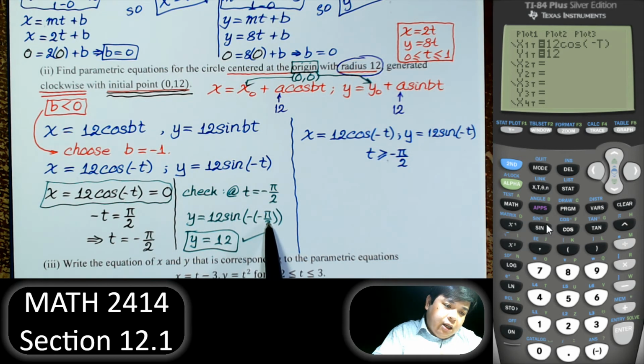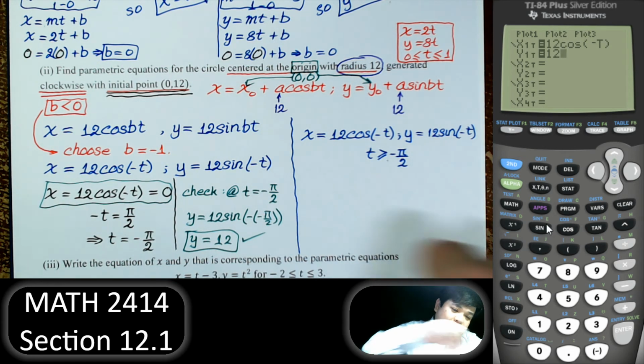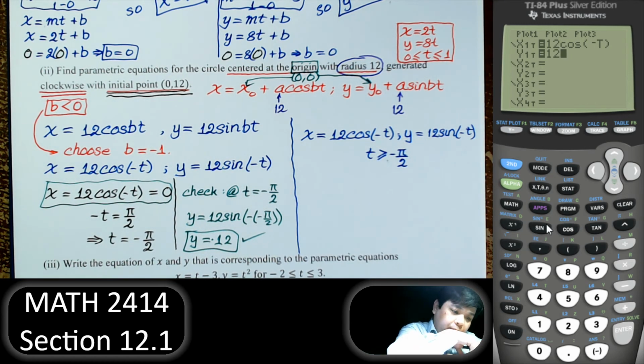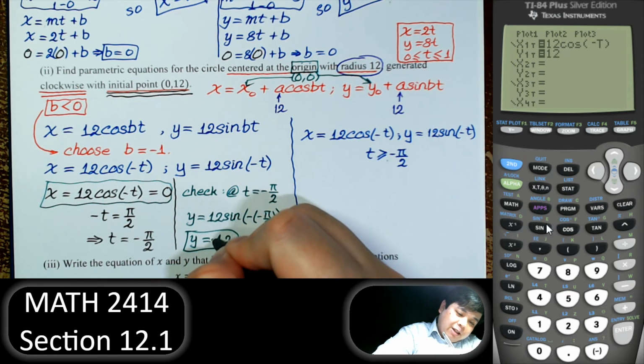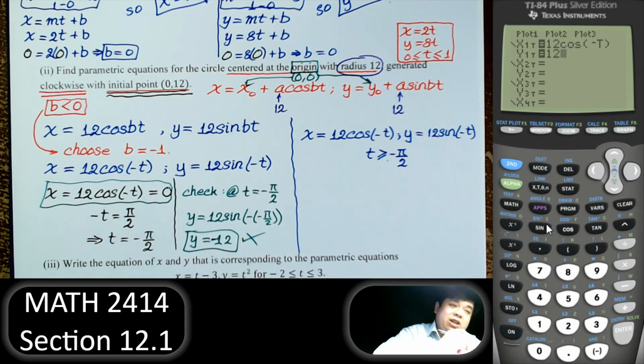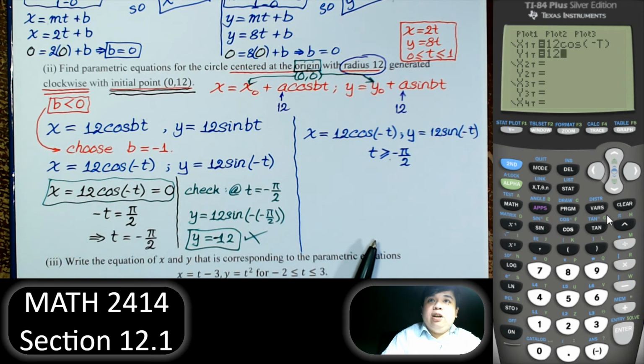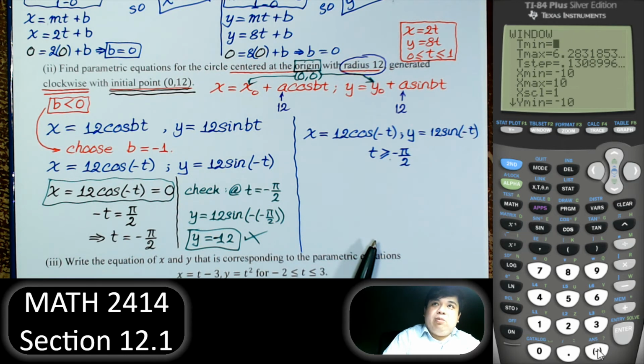That is negative, so that doesn't work, right? Because sine of, we can see in here, let's graph. By the way, let's go from negative pi over 2.